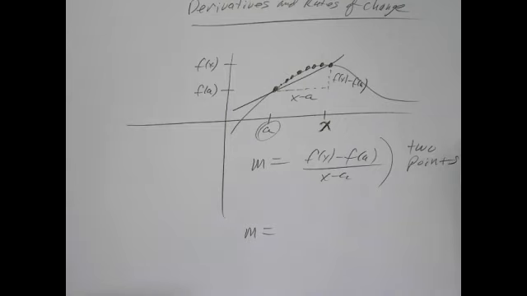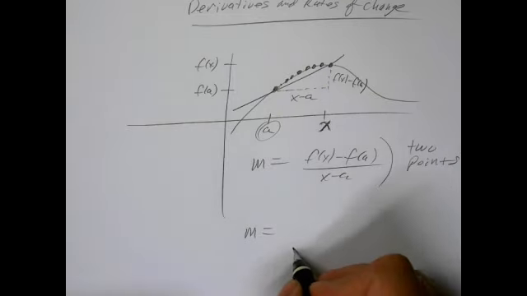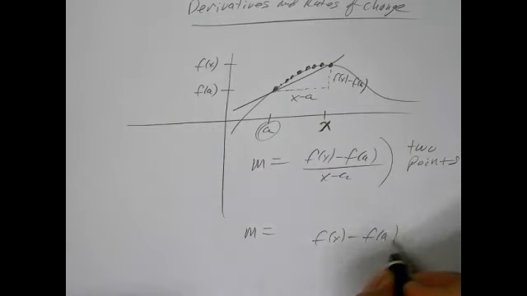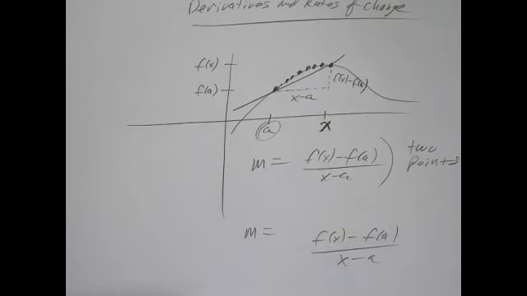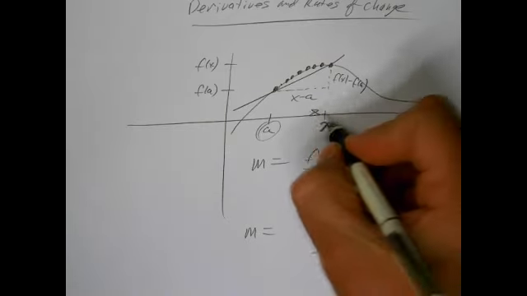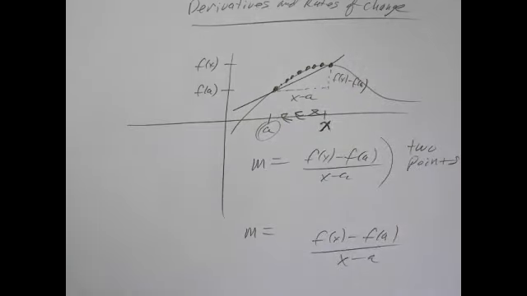All right, what we want is the slope at one point only. Therefore, our slope is going to start off as it did before, but what you see physically happening here is that the x values you use are approaching the a value, which is the point at which you want to actually calculate the slope.